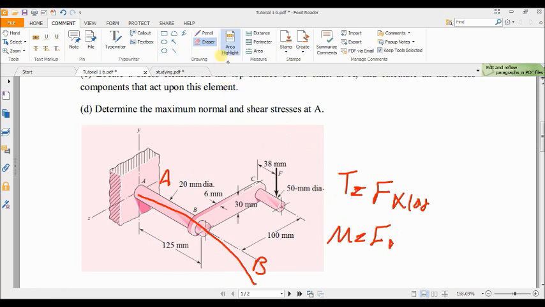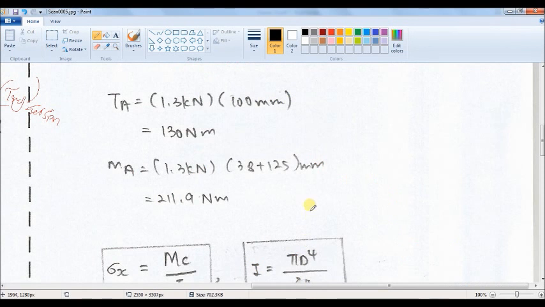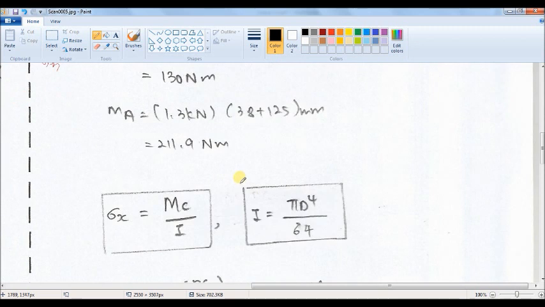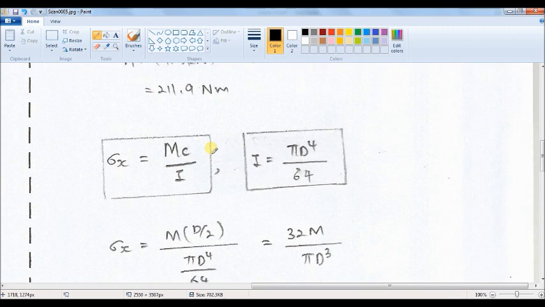F times 125 plus this distance, which is 38. Okay, 1.3 times 125 plus 38 is our moment at location A.